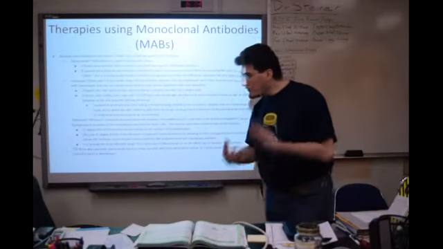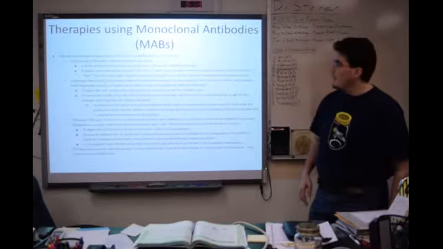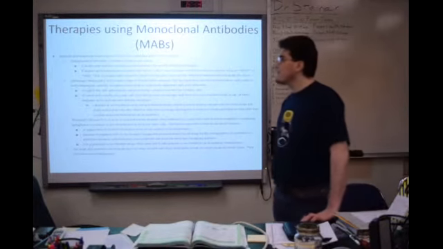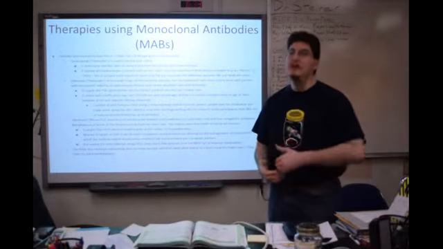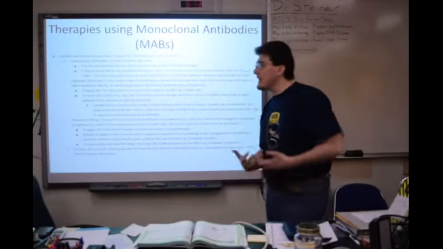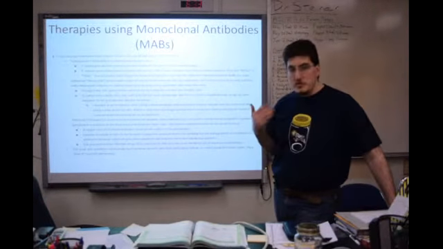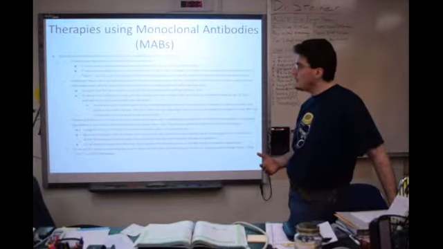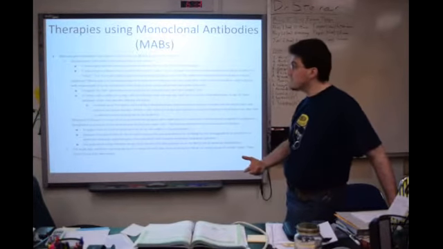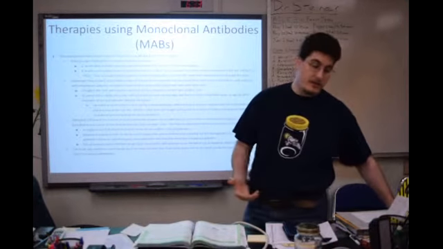There are also some therapies using monoclonal antibodies that we can discuss. Any drug that ends in MAB is a monoclonal antibody medication. Trastuzumab is used to treat breast cancer. It works by binding to a HER2/neu receptor on certain breast cancer cells.